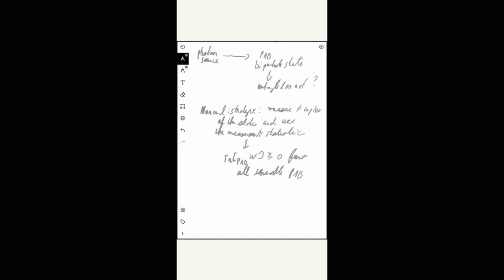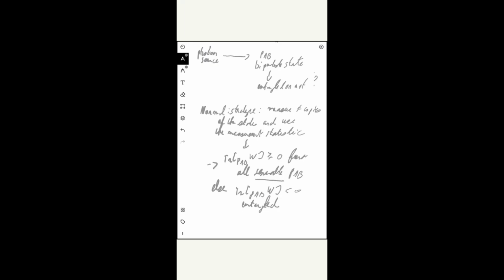So it means if you have this, you have separable states. Else, the trace of rho AB W will be strictly inferior to zero, and it will be entangled.